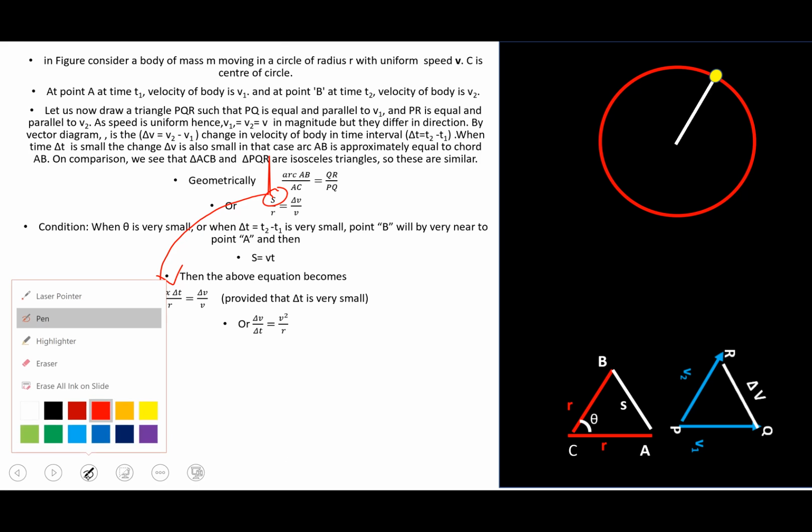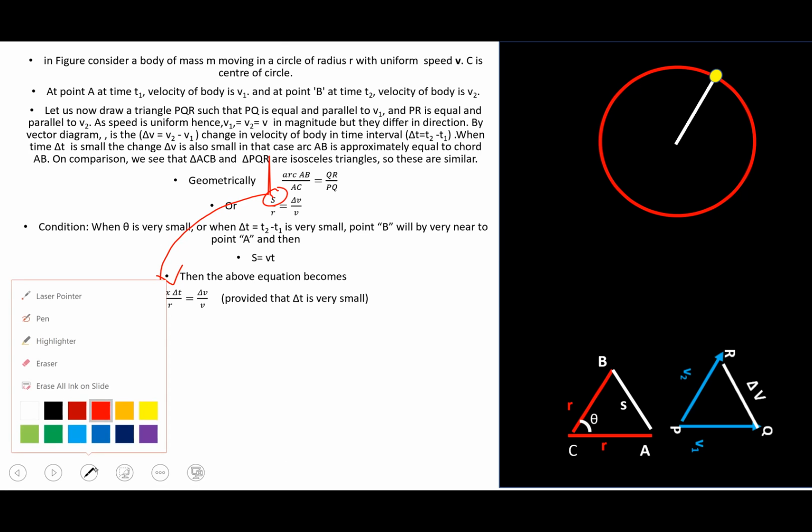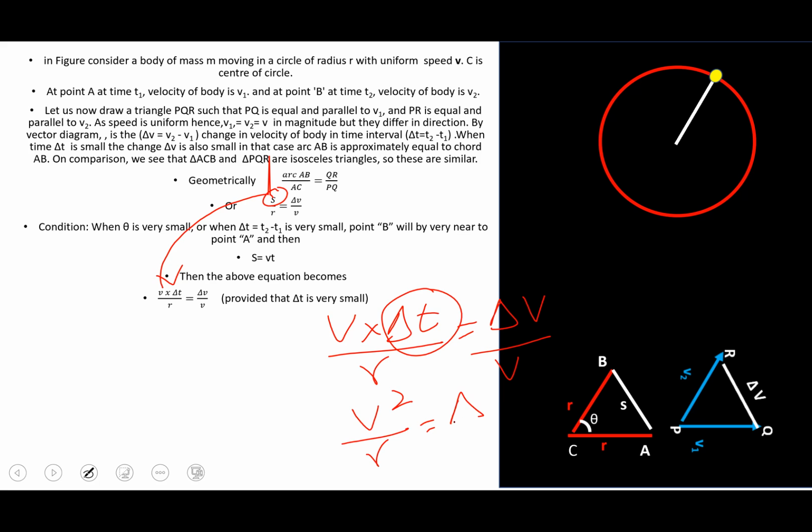Just take this equation, V into delta t divided by R is equal to delta V over V. Now if we take this t to the other side of the equation, it will be V square over R is equal to delta V over delta t. This is how, by rearrangement of the equation, we are able to get that delta V over delta t is equal to V square over R.